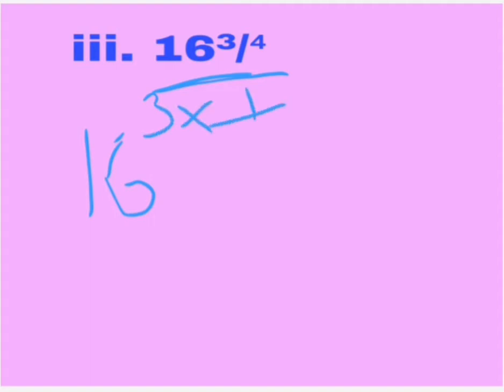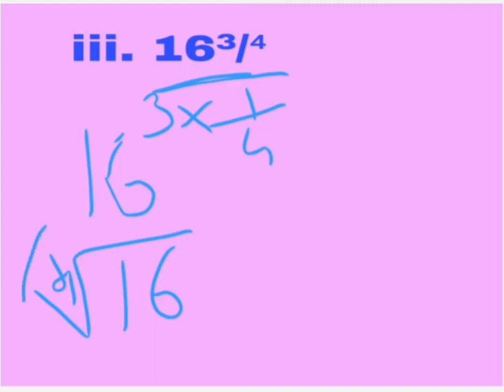Okay, third sub question is 16 to the power 3 by 4. So here also the numerator of the power is not 1. So we are going to split the power as 3 into 1 by 4. 1 by 4 we will convert into a root, the fourth root.